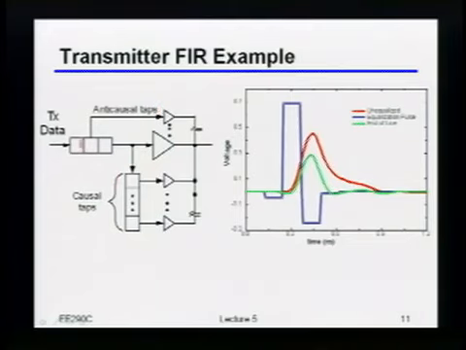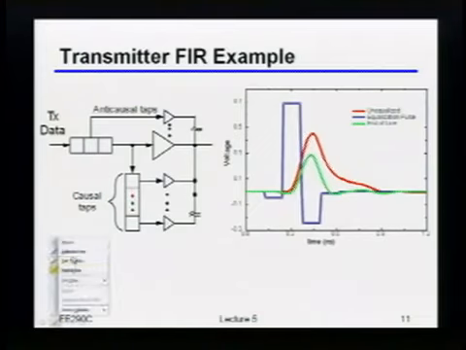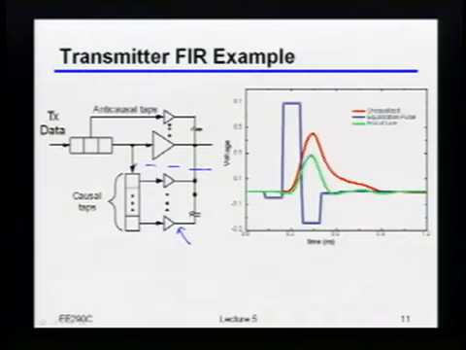Each of these boxes is just meant to be a flip-flop, so this is just a shift register. As an example, if this is my main data that I'm sending, then all of the stuff after here would be delayed versions, in terms of the taps. These would be trying to equalize the response of the channel. Just from a terminology standpoint, all of the stuff down here, meaning after that big guy, is called a post-cursor tap.